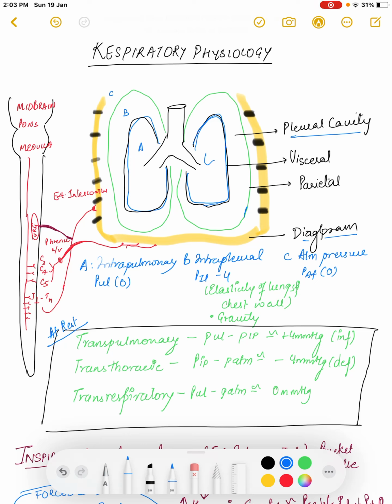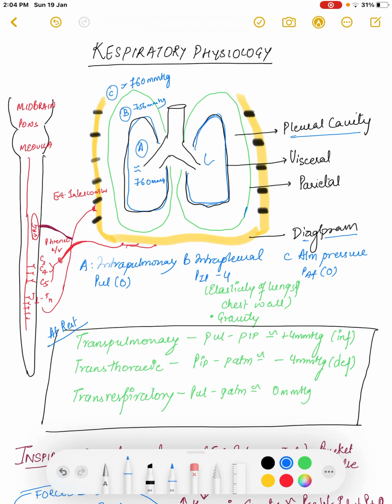Now, what happens? A is the pressure inside the lungs, the intrapulmonary pressure, and B, the pressure in the pleural cavity, is the intrapleural pressure, and C is the atmospheric pressure, which is equivalent to 760 mm Hg. The intrapulmonary pressure is also 760 mm Hg, and the intrapleural pressure is a bit more negative, around 756 mm Hg.